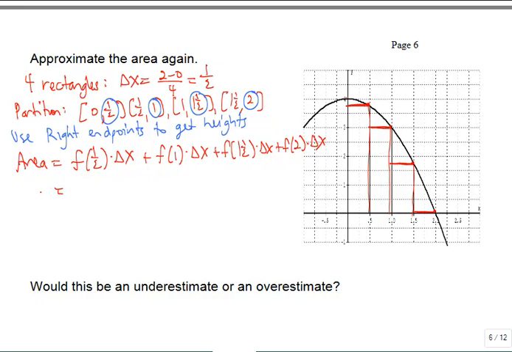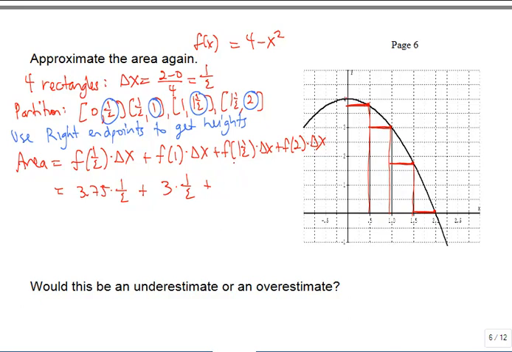So when I plug in a half into my function 4 minus x squared, that turns out to be 3.75. And I'm multiplying that by my width, which is my 1/2. When I plug in 1, I get 3 times my width.